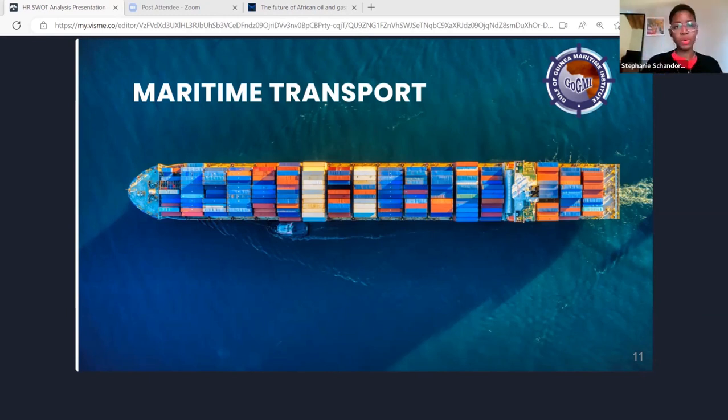Just this simple recognition that this maritime trade in African waters is important to Africa, but it is also highly crucial to the global community, because the Gulf of Guinea along the west coast of Africa, for instance, contains vital trade routes, right? Vital sea lines of communication.